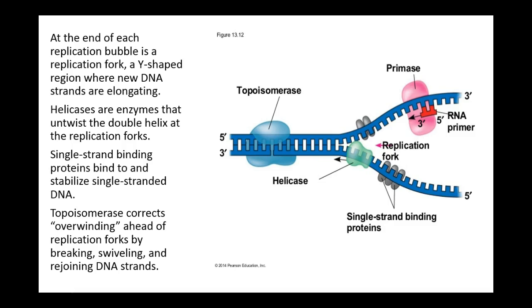One of the things we want to add is this idea of the 3' and the 5'. You do have a hydroxyl end, and that hydroxyl end, which is the 3', remember, is that OH that has a hydrogen and an oxygen.